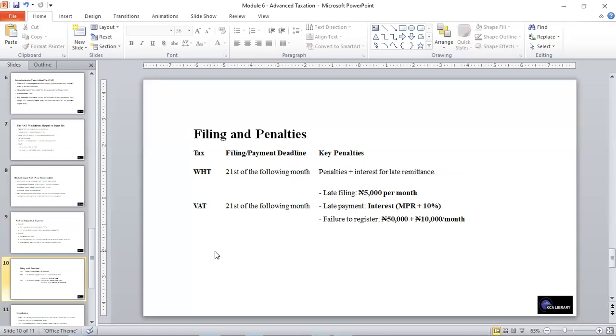For VAT, it is also the 21st of the following month, and the key penalties are: late filing attracts 5,000 per month, late payment attracts interest, and failure to register attracts 50,000 plus 10,000 per month.